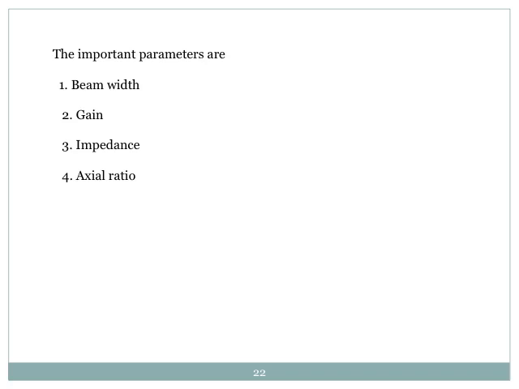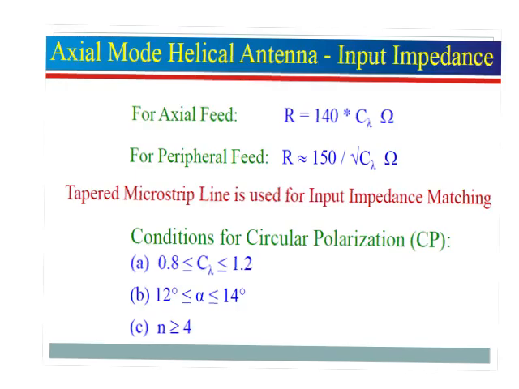The important parameters of the helical antenna are beam width, gain, impedance and axial ratio. Let us first discuss the impedance of this axial mode helical antenna. For axial field, the input impedance should be equal to 140 multiplied by C lambda, and the unit is ohms.